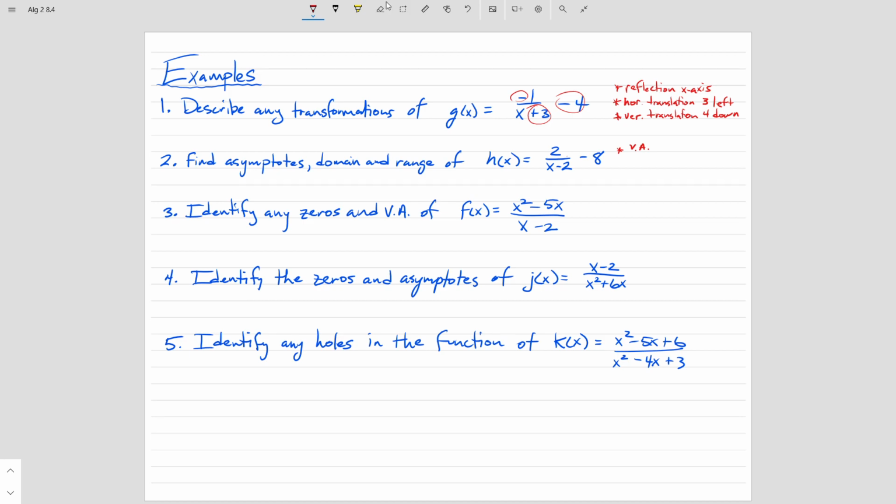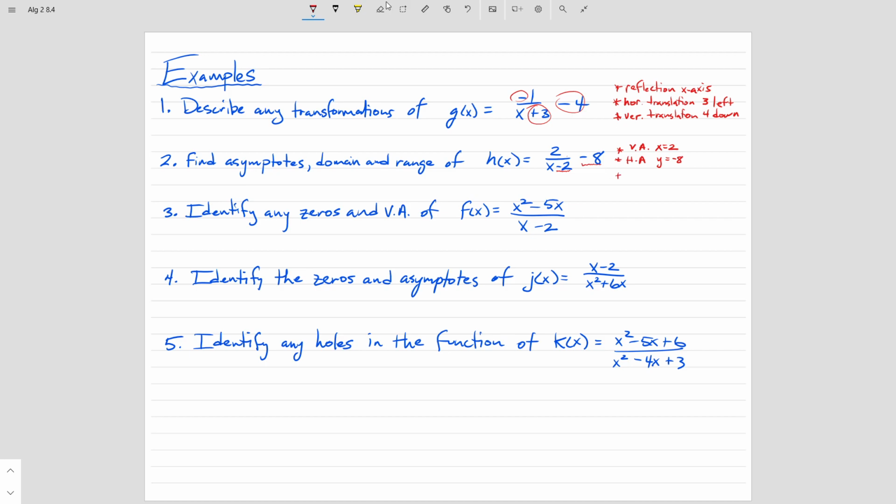Regular parent function has a vertical asymptote of x equals 0. Minus 2 moves it 2 to the right, so my vertical asymptote is x equals 2. Horizontal asymptote is normally going to be y equals 0, but this minus 8 moves it down 8, so it would be y equals negative 8.